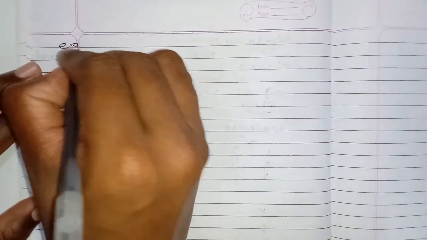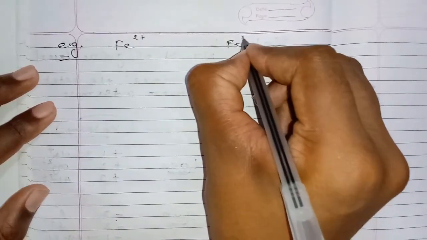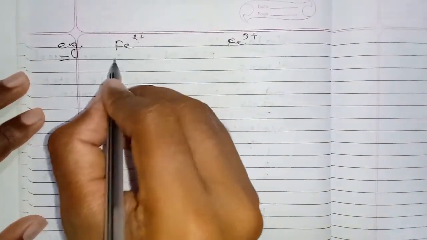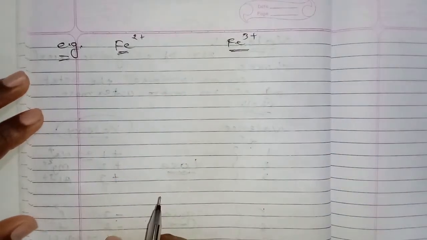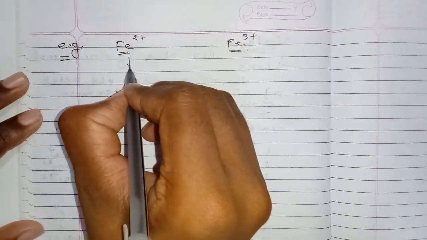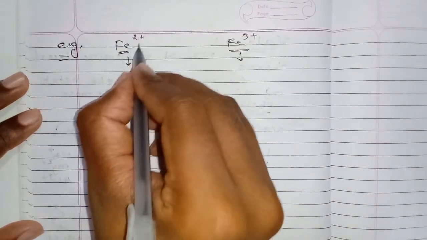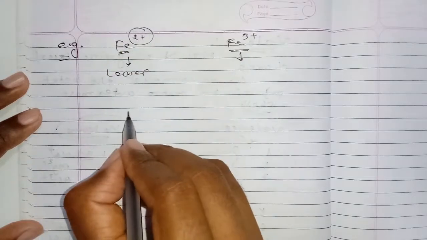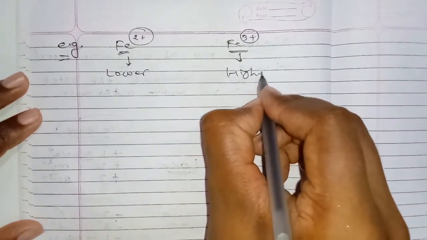Suppose here Fe2 plus and Fe3 plus. Iron exhibits two valencies. Which one is ferrous and which is ferric? Fe2 plus is lower compared to Fe3 plus, which is the higher valency.